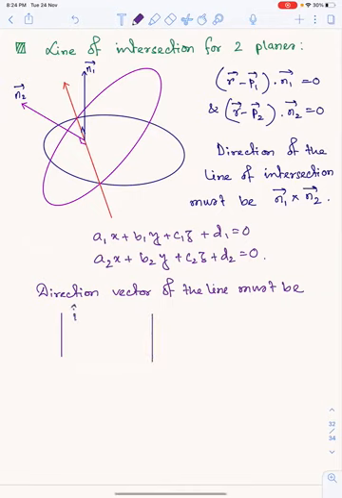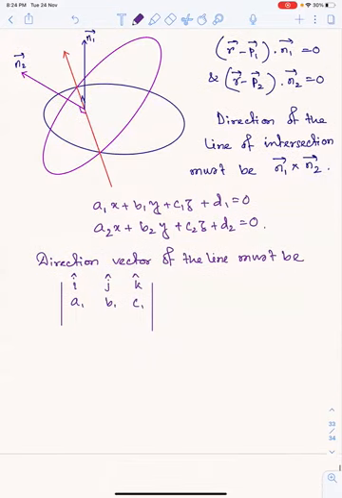That is i cap, j cap, k cap in the first row, then a1, b1, c1, the outward normal direction ratios for the first plane, and then a2, b2, c2, the outward normal direction ratios for the second plane.